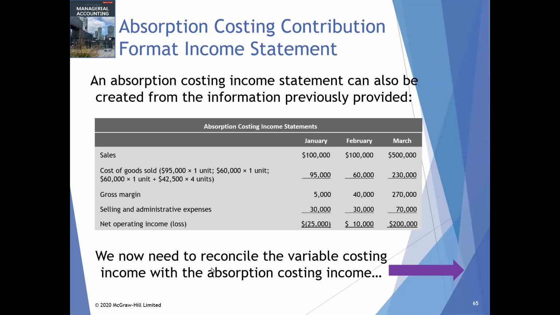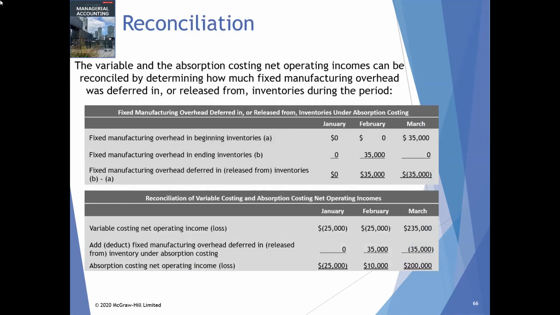So now we need to reconcile the variable costing income with the absorption costing income, right? So look at this.